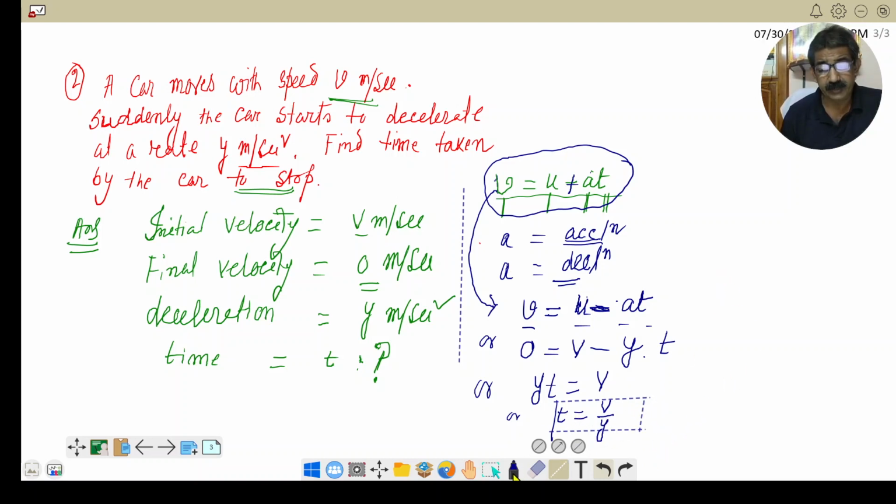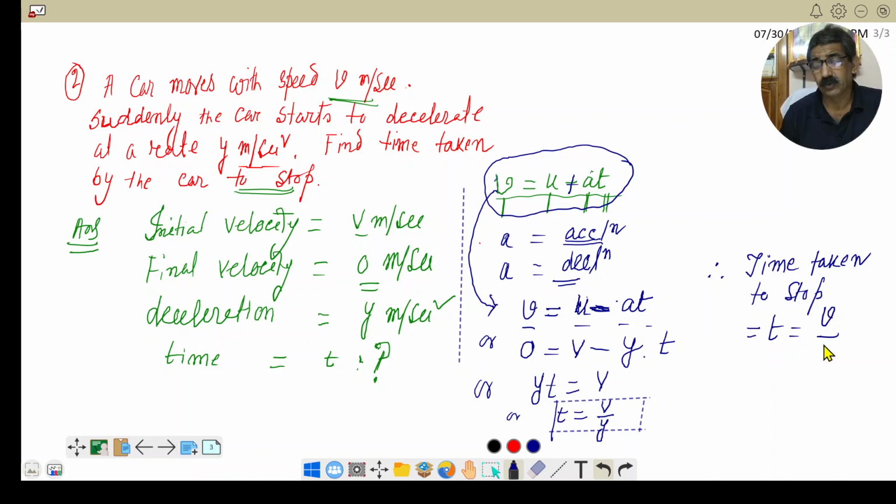Hence we can write here more clearly, the time taken to stop is t is equal to v by y. Now v may have any meaning.